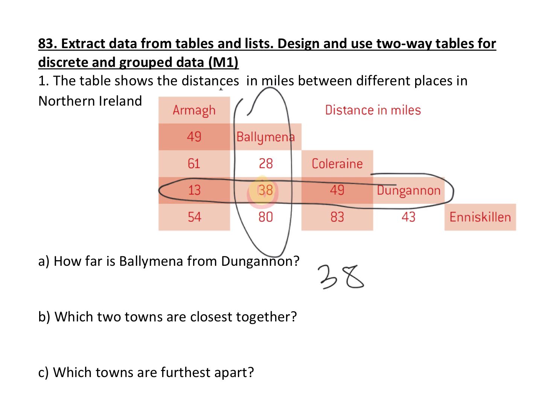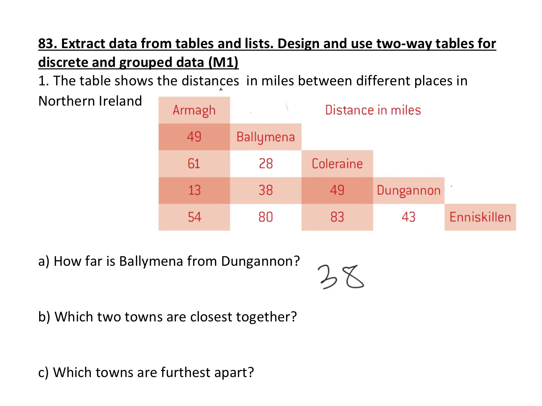Which two towns are closest? In that case, you're looking for the smallest number, which would be the closest towns. So I need to rub that out, make this easier. The smallest number I can see there is 13. 13 is in the first column, which is Armagh, and it's also in this row here.